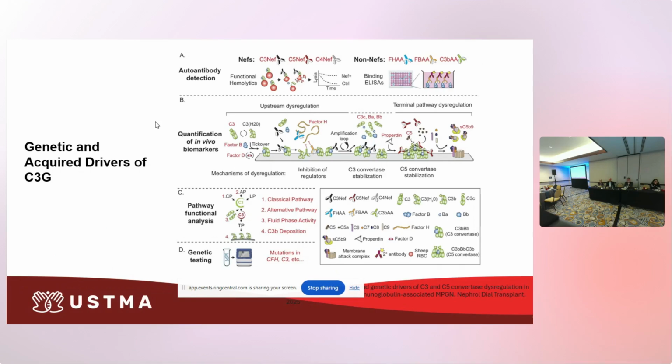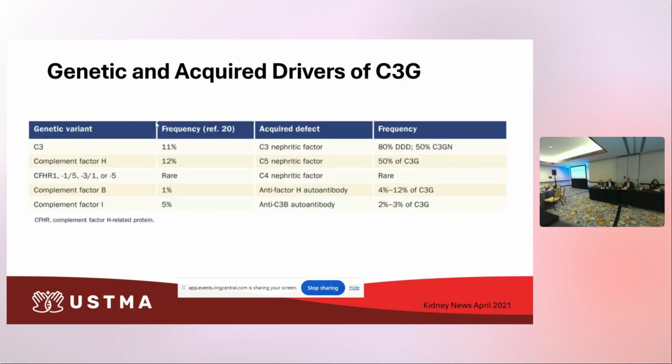And then there is genetics. There are mutations in pathways like complement factor H, C3, etc. As I said, the acquired defects are the most common defects in C3G. So C3 nephritic factor, C5 nephritic factor, C4.